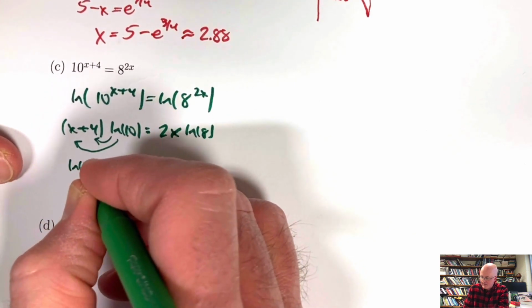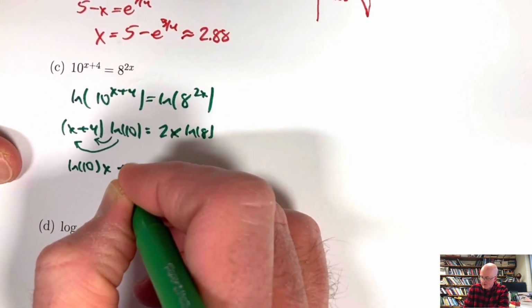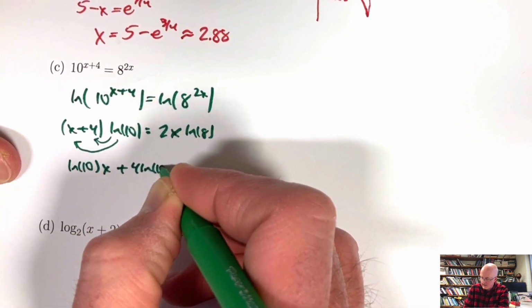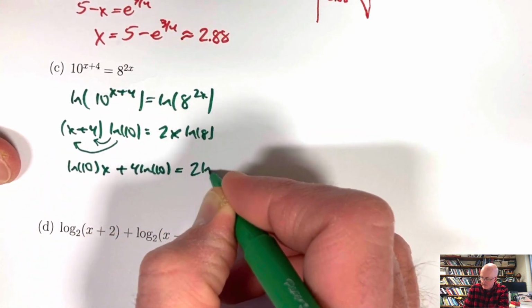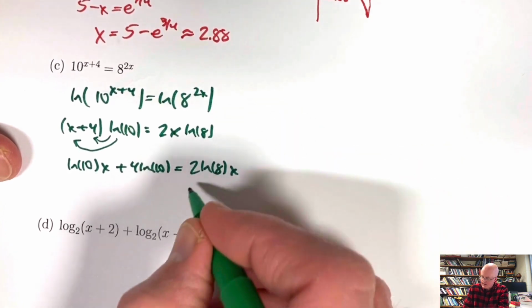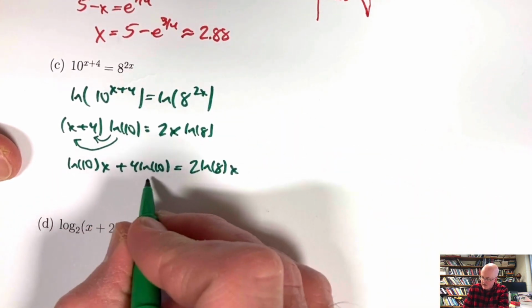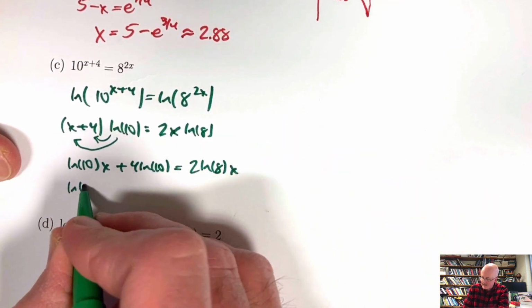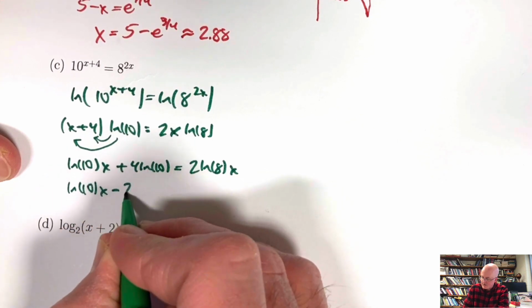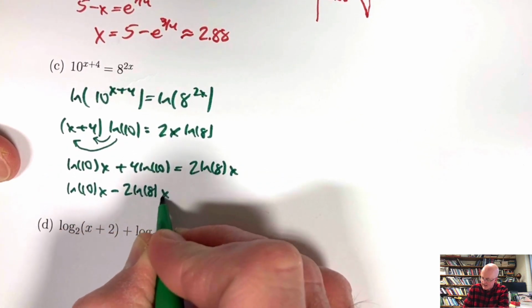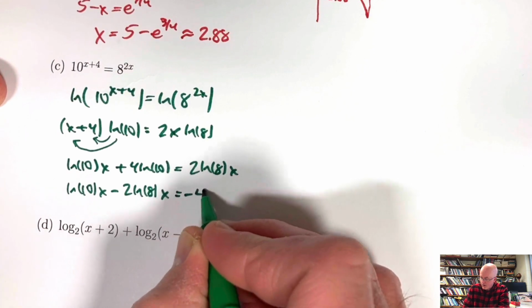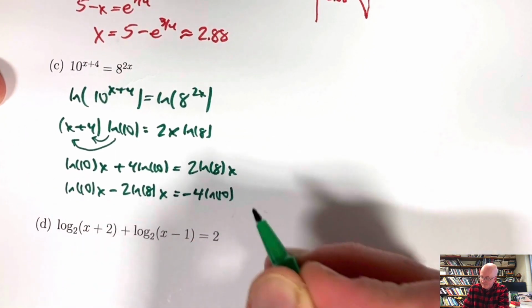So I'll write ln of 10 times x plus 4 ln of 10 equals 2 ln of 8 times x. Subtract this from both sides and also subtract this from both sides. I'd get ln of 10 x minus 2 ln of 8 times x equals minus 4 ln of 10.